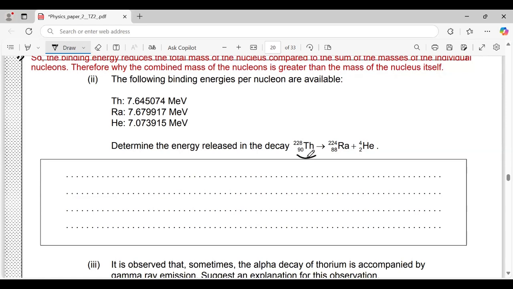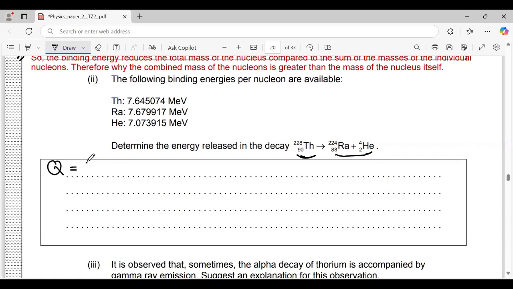This part is the binding energy of the products, and this term is the energy release. So the total energy release is this term minus this term: the binding energy of the products minus the binding energy of the initial nucleus, that is Q.